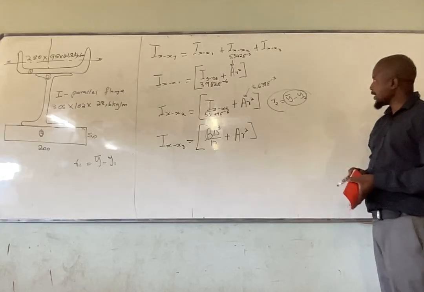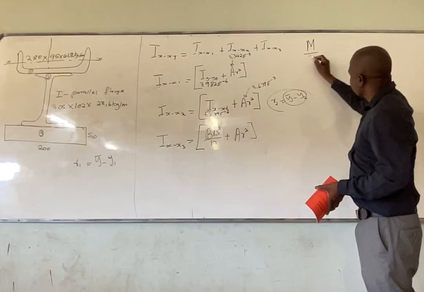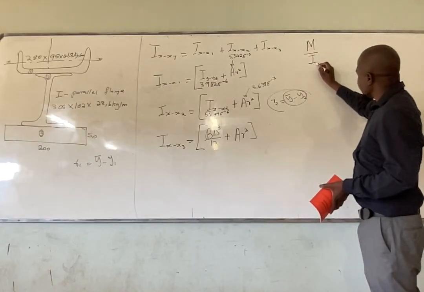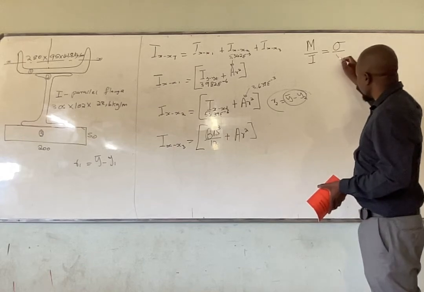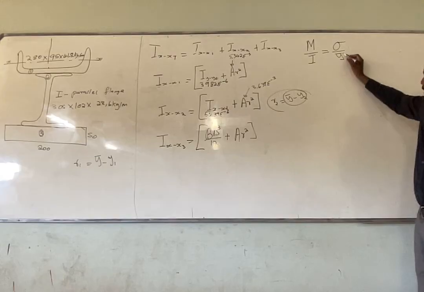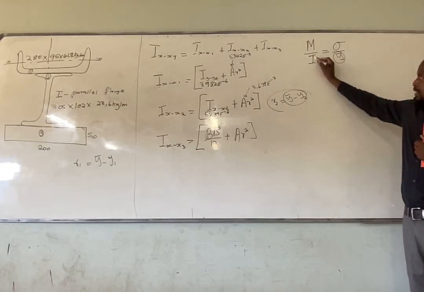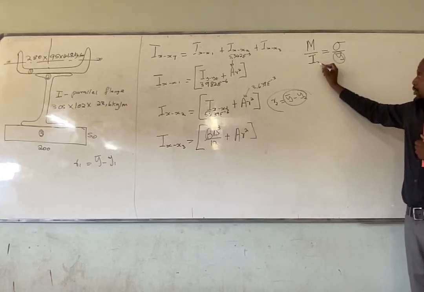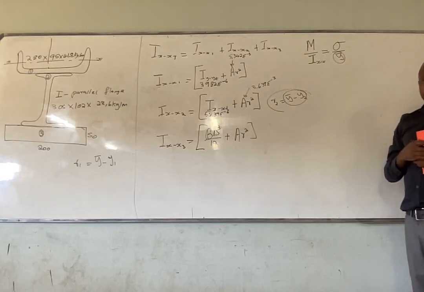I did draw a beam initially, which will lead us to bending moment over moment of inertia is equal to bending stress over Y bar. Yesterday we did calculate Y bar. Today we are calculating Ixx. This I is a moment of inertia about XX. You get that part, ne?